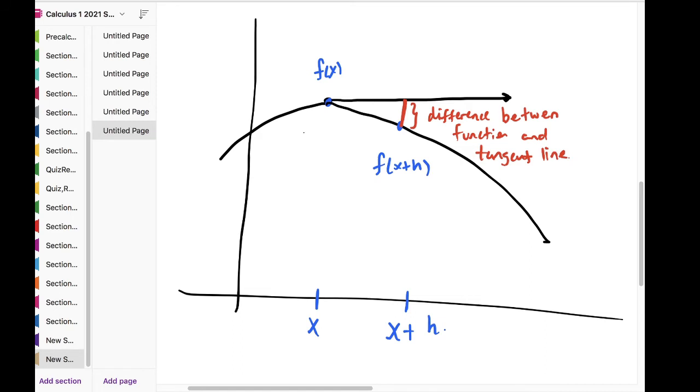So this value here on the tangent line, so we may call this the tangent line at x plus h, is an approximation of f of x plus h. So one way to think about it is that the tangent line hugs the curve. So if you're looking at points around a value, the tangent line is a very close approximation of that value.